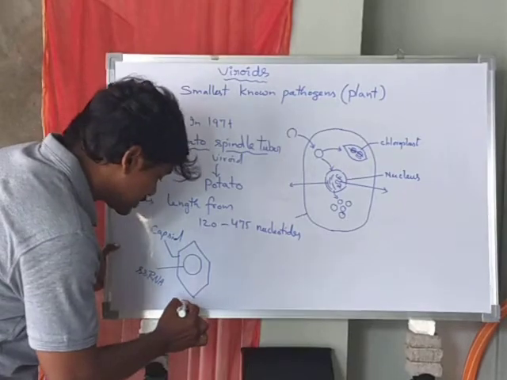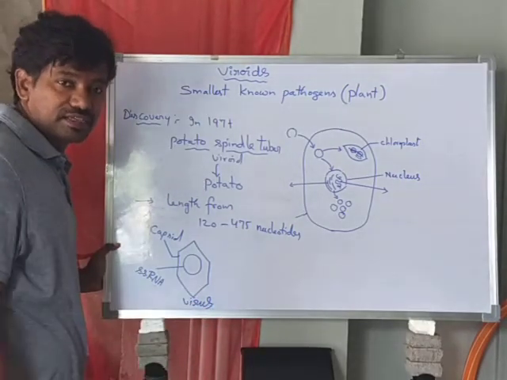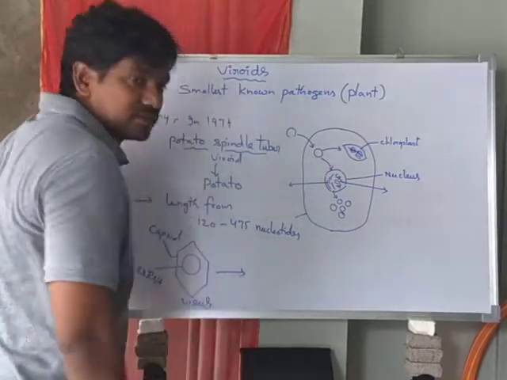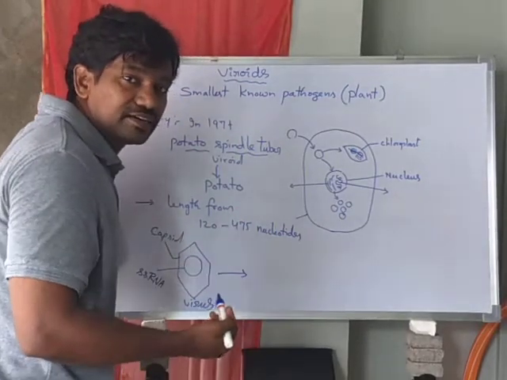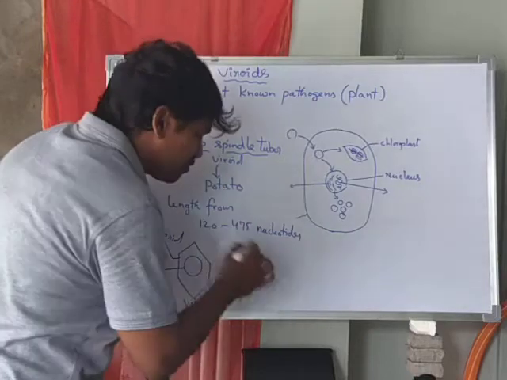So this structure is called a virus. Now, what is a viroid? A viroid is a naked single-stranded circular RNA without a capsid.